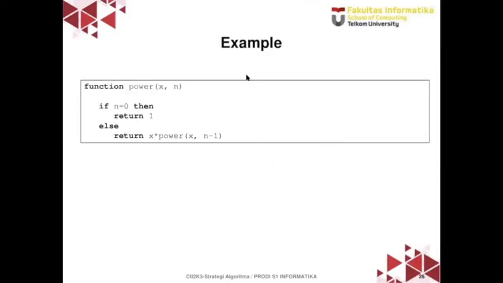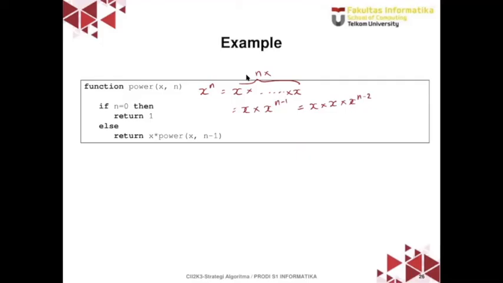So for example, if we have this algorithm that can compute x to the n, basically x to the n is x times x until n times, but we can see it as a recursion of x times x to the n minus 1, and this is x times x times x to the n minus 2, right?